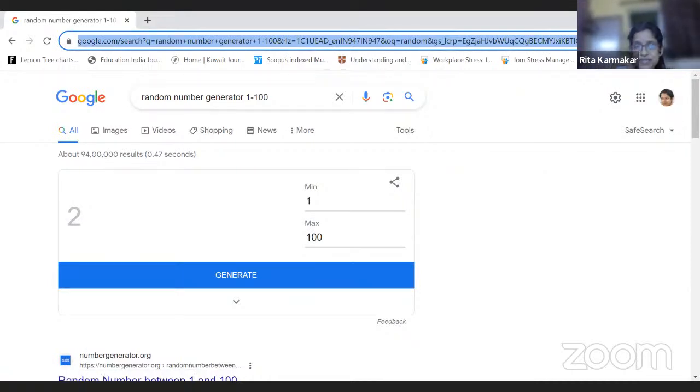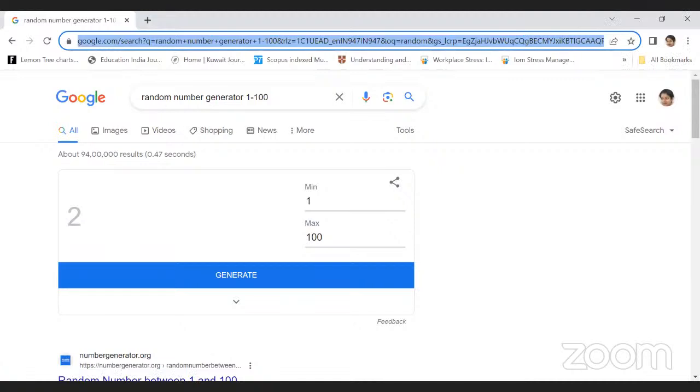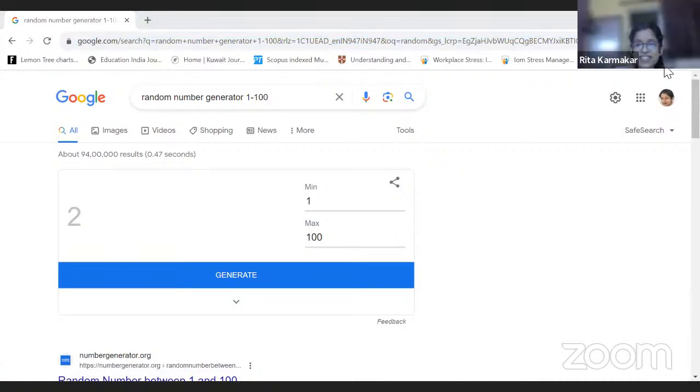Isn't it very easy? Yes, ma'am. Okay, and very interesting. So this time, when you are doing it, Khushi will be doing these things. It's not that we have to go for random number selection again, which is very hectic. I'm sharing this link here so that you all can access it later on.